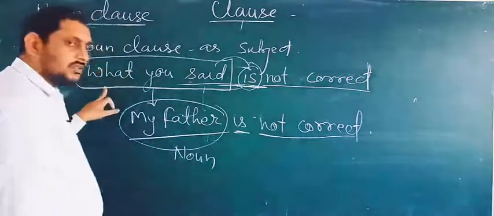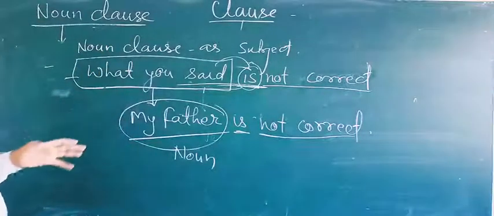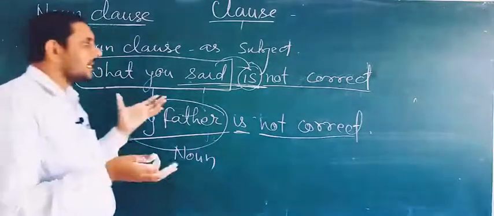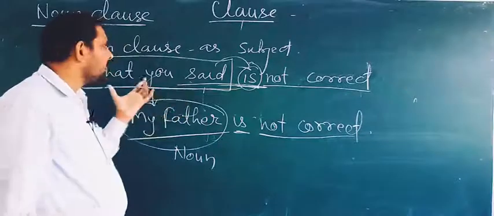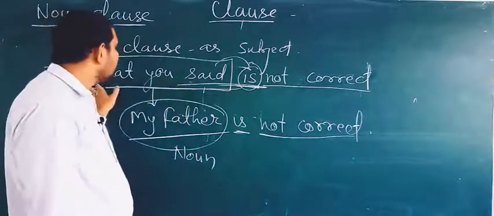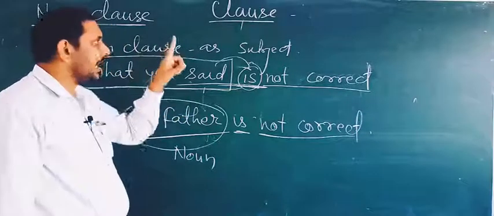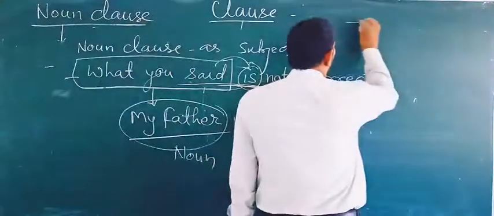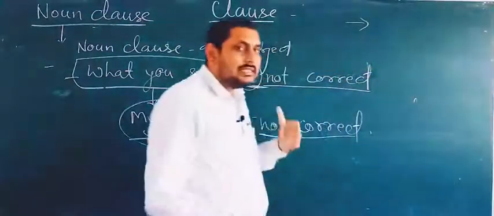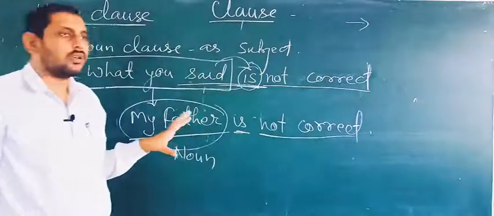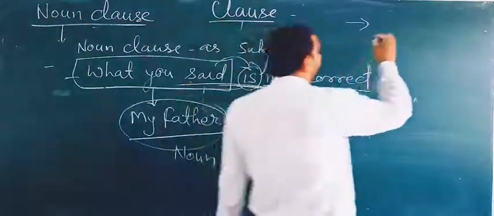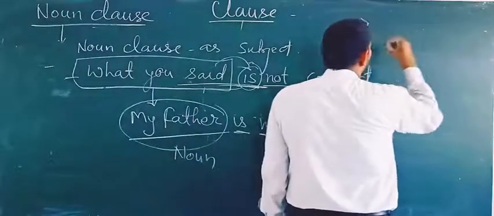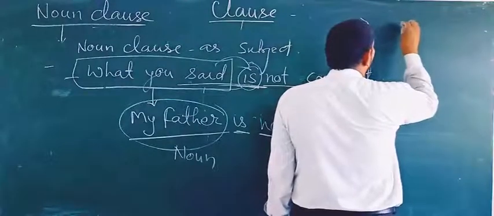Now the question is, is this a clause? Because if you think this is a group of words, a clause has a finite verb. How will you check whether this is a clause or not? First, you find out whether the group of words has a verb.